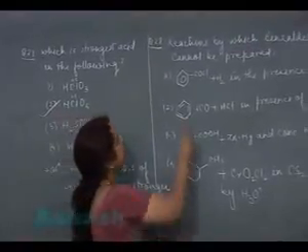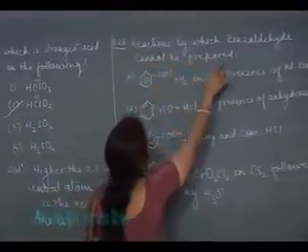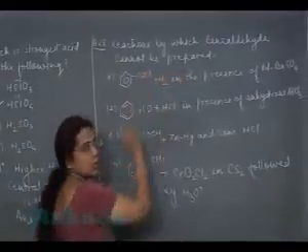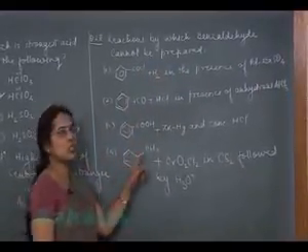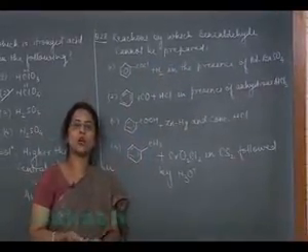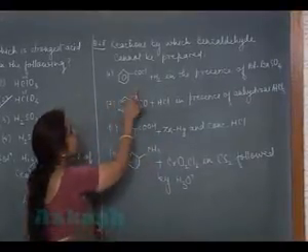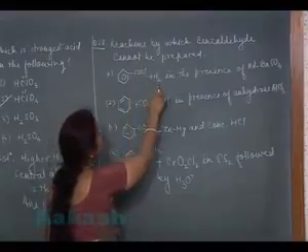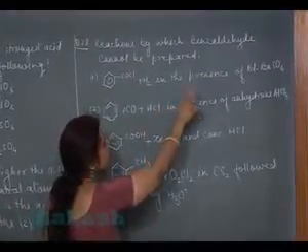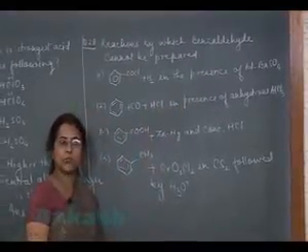Question number 28 is reaction by which benzaldehyde cannot be prepared. It means which of the given reaction cannot be used for the preparation of benzaldehyde. The first reaction is given, benzoyl chloride plus hydrogen in the presence of palladium barium sulfate.